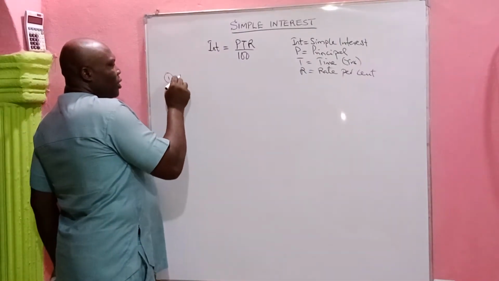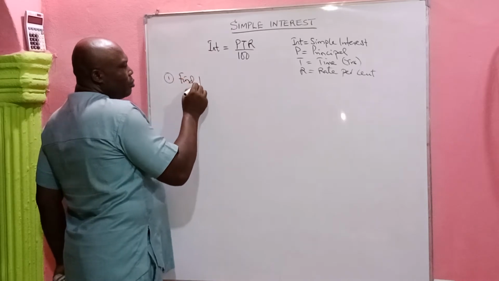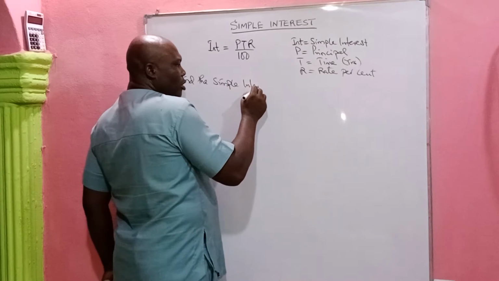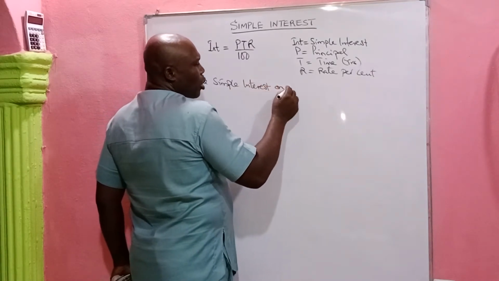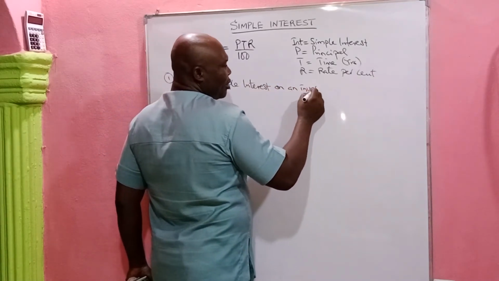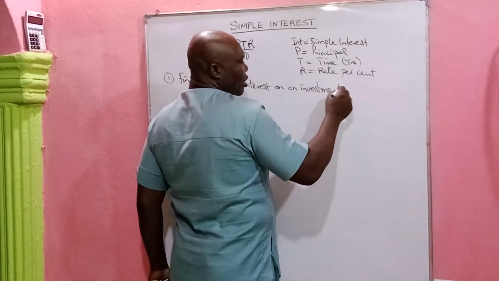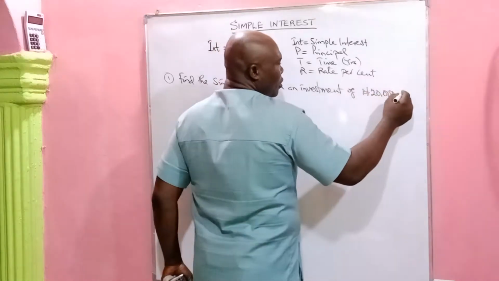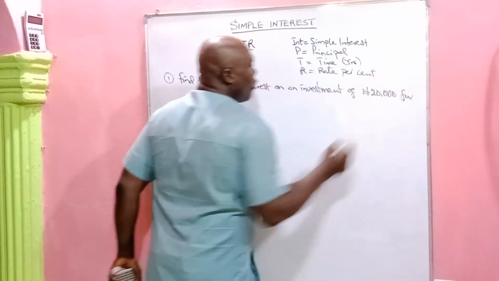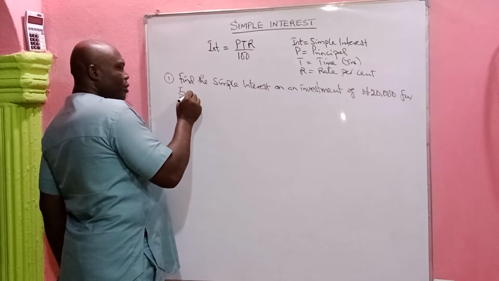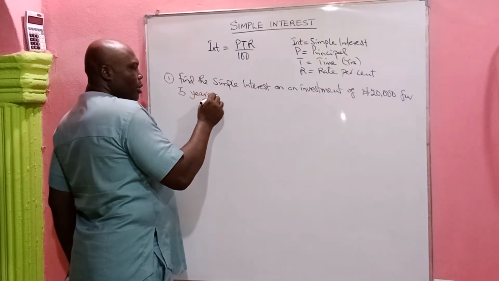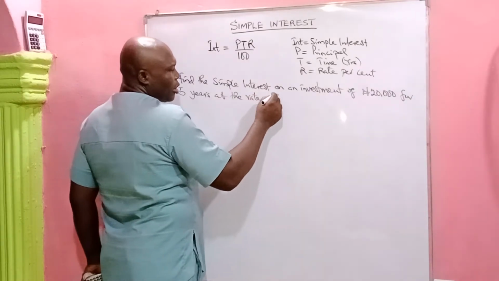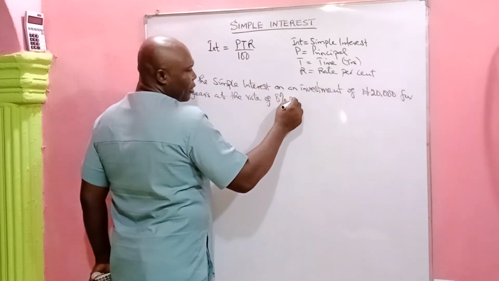Simple interest, number 1. Find the simple interest on an investment of, let's say, 20,000 naira for 5 years at the rate of 8% per annum.